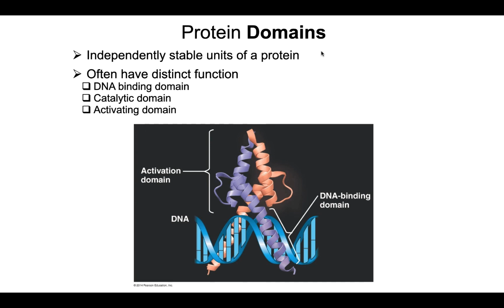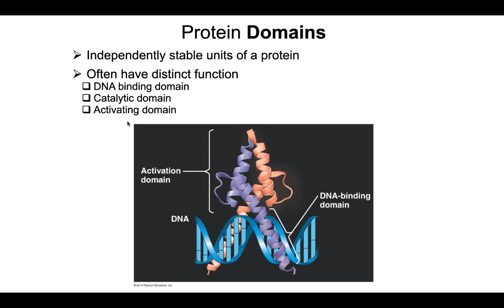So a domain, again, is a portion of a protein that has a very specific set of folds. Unlike the motifs, these oftentimes have distinct function and they are independently stable. So, for example, DNA binding domains allow the protein to bind DNA. Activation domains allow that protein to interact with other things.